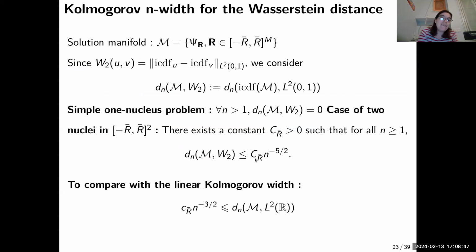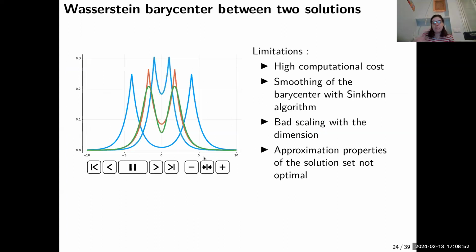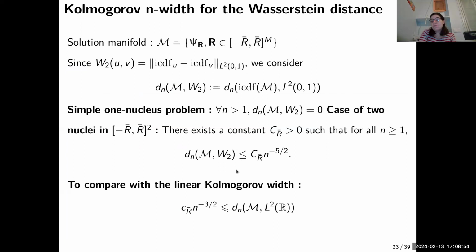It could decay faster than this n to the power -5/2, but this may not be the optimal rate. We didn't manage to prove better. And to be honest, from what we saw in numerical tests, I don't think this exact Wasserstein Kolmogorov width will decay very rapidly. It will remain an algebraic rate. That's what we see on this particular test case.